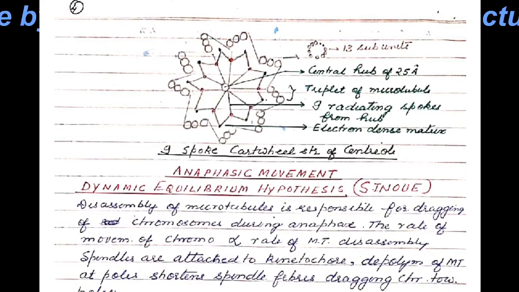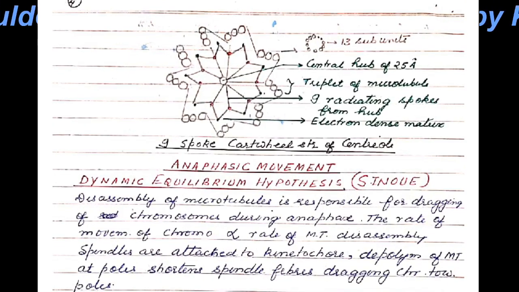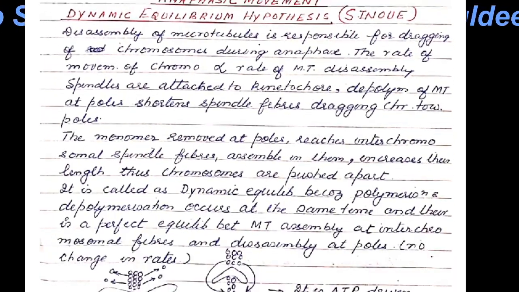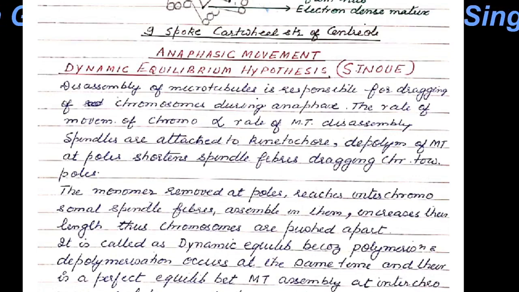Now, anaphasic movement. As the spindles are very important as far as anaphasic movements of the chromosome is concerned, it is worthy to mention the role of microtubules in the anaphasic movements of the chromosome. Now, the dynamic equilibrium hypothesis was given by Inoue, and he mentioned disassembly of microtubules responsible for dragging of chromosomes during the anaphase to the opposite poles.